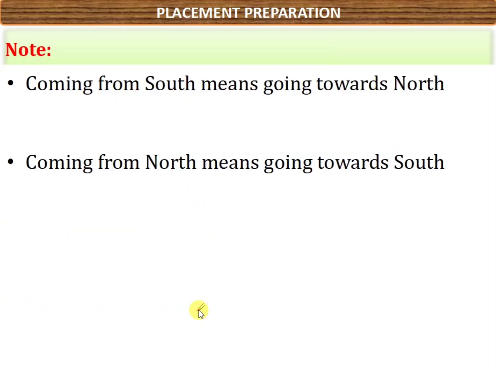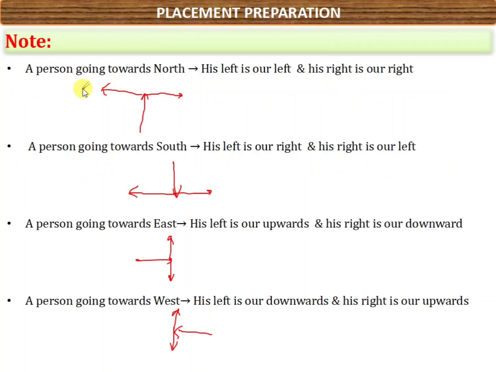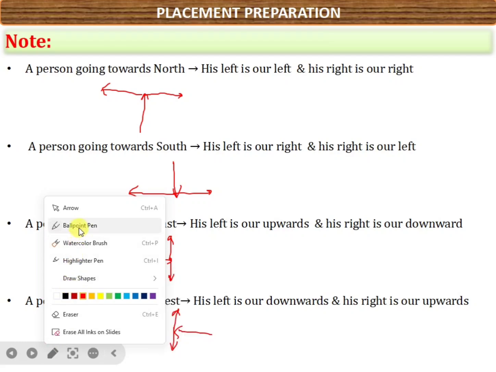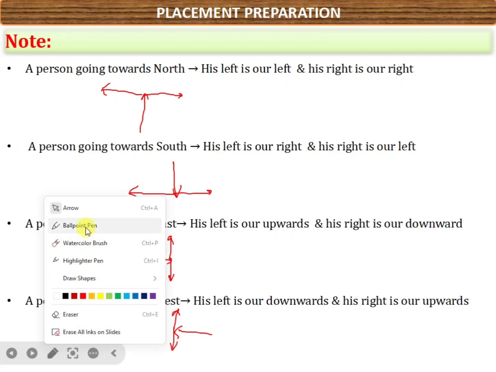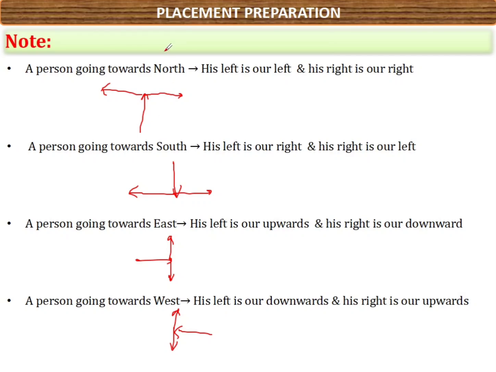Now, here if you observe, I said a person going towards north. That means he is going in the north direction. That means he is facing towards north and he is going towards the north direction. Sometimes instead of saying a person going towards the north, we can also say it in reverse.